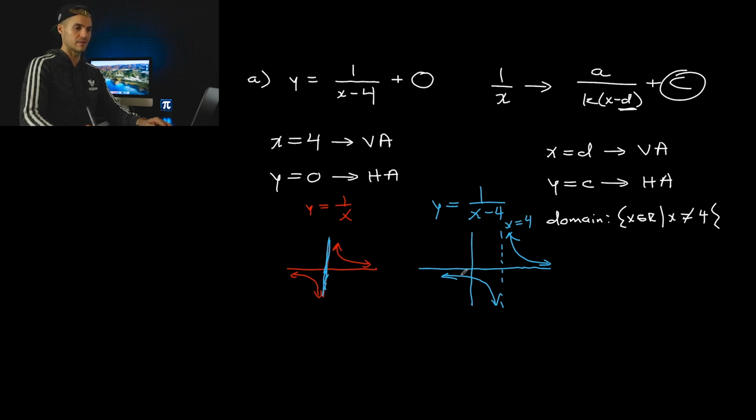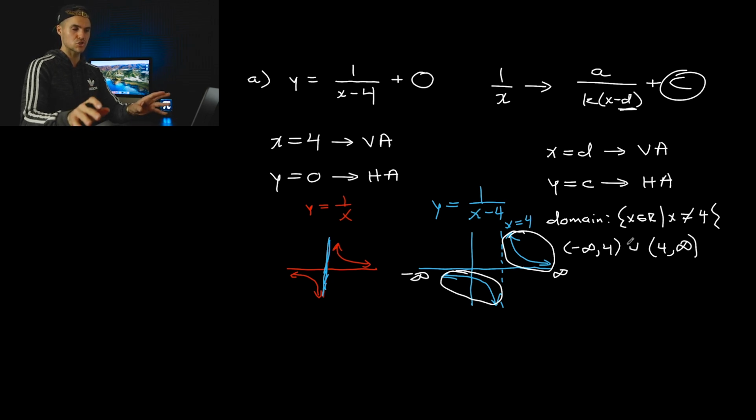Notice that there's this part of the function, which is going to go from negative infinity to positive 4, but not including the positive 4. Or it's going to be this part of the function, which is going to go from 4 to positive infinity, like that. So in interval notation, we have to state the domain in 2 intervals for both of these parts of the function.